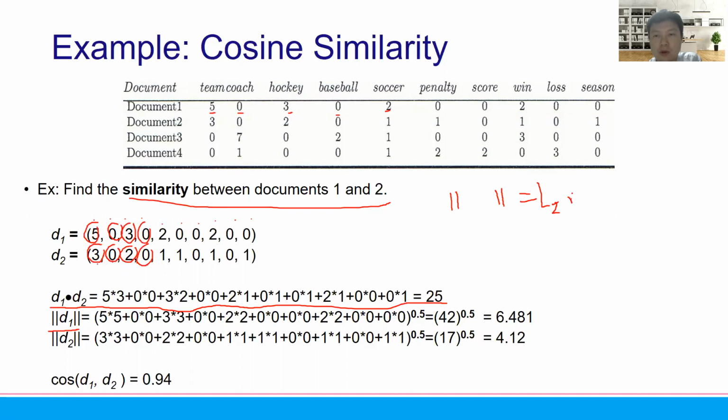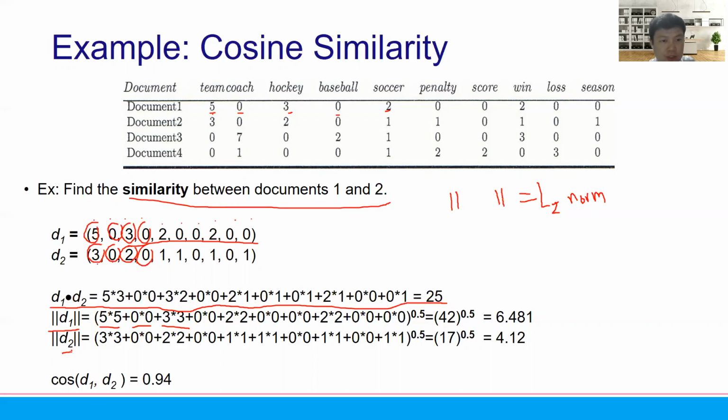If you remember from the previous slide, we learned about the L2 norm, so it is the Euclidean distance. In order to measure T1, we compare with each particular value. If there is 5, we make 5 multiplied by 5. If it is 0, 0 multiplied by 0. If it is 3, 3 multiplied by 3, and so on. We do the calculation until the end of the document.